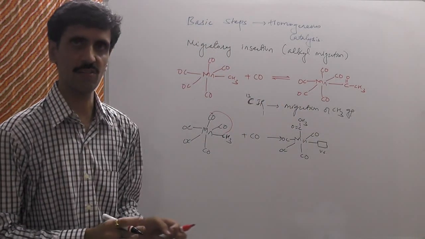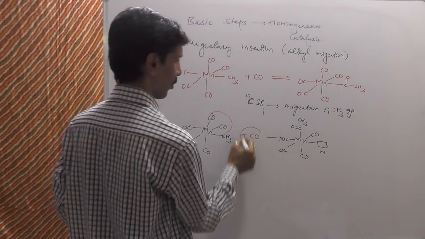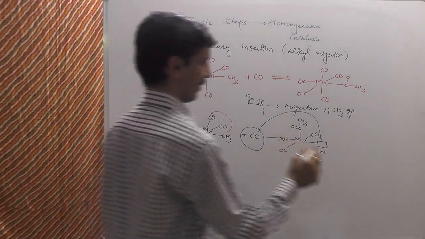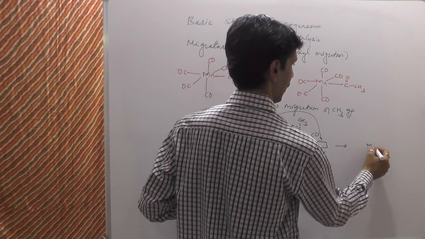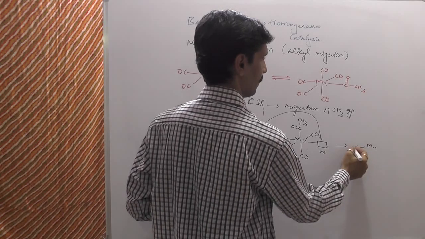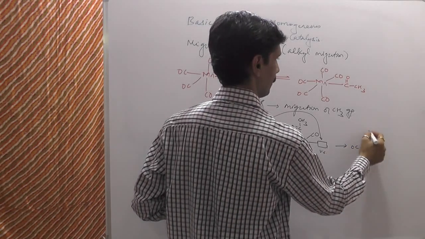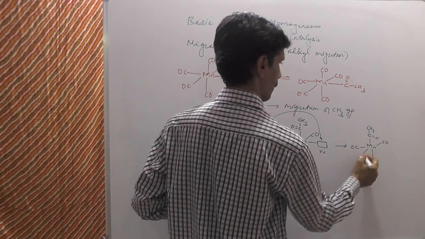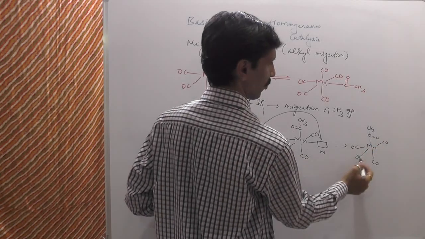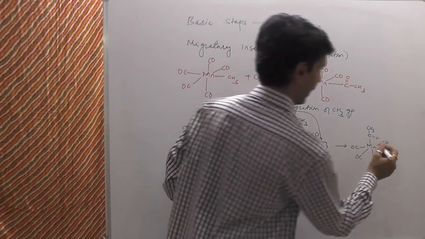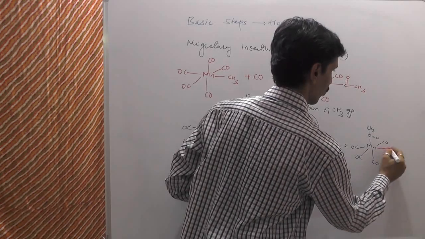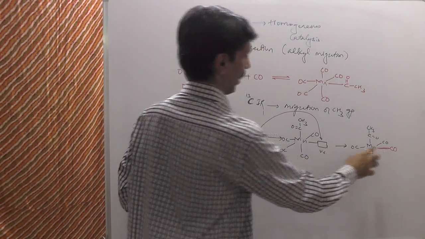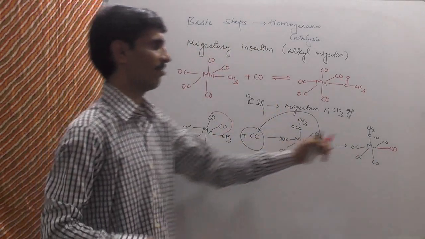Now this CO molecule which is there goes into the vacant site. As a result, we get the final product. One, two, three, four, five CO which were already there, and then I show here the inserted CO. Alright, this is the inserted CO, and this is how the reaction takes place.